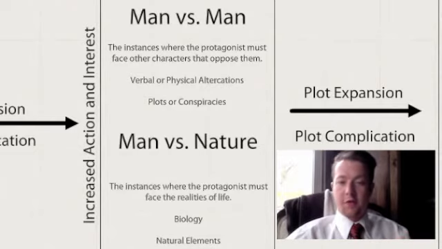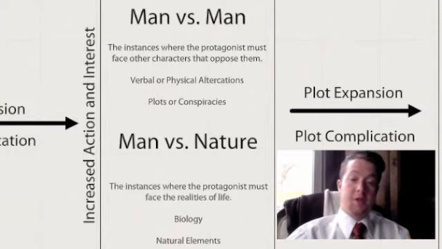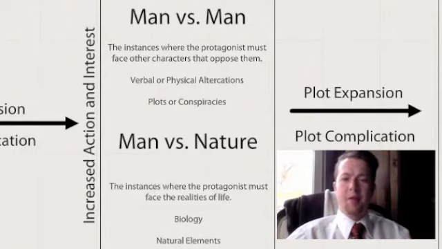Two types of conflicts that are particularly important at this time happen to be man versus man, those physical and verbal altercations between characters, and man versus nature, where a character actually must face either the natural elements and survive, or just the basic premises of a natural biological life.